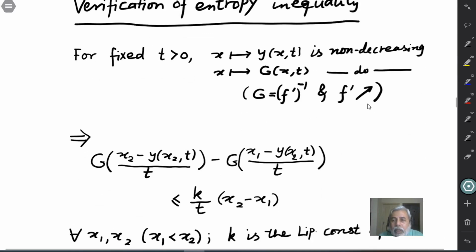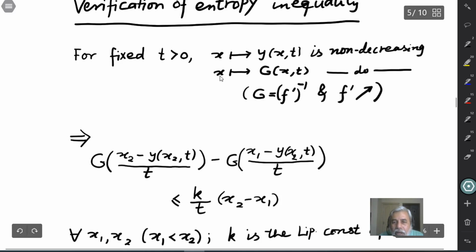The important properties of this minimizer we have already seen. For each fixed t positive, the function x going to y(x,t) is non-decreasing, and since g is equal to f prime inverse and f prime is increasing, so is its functional inverse.